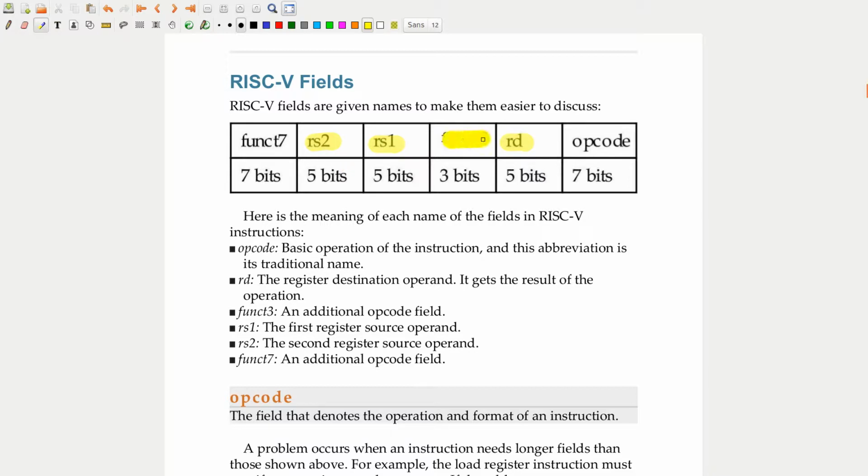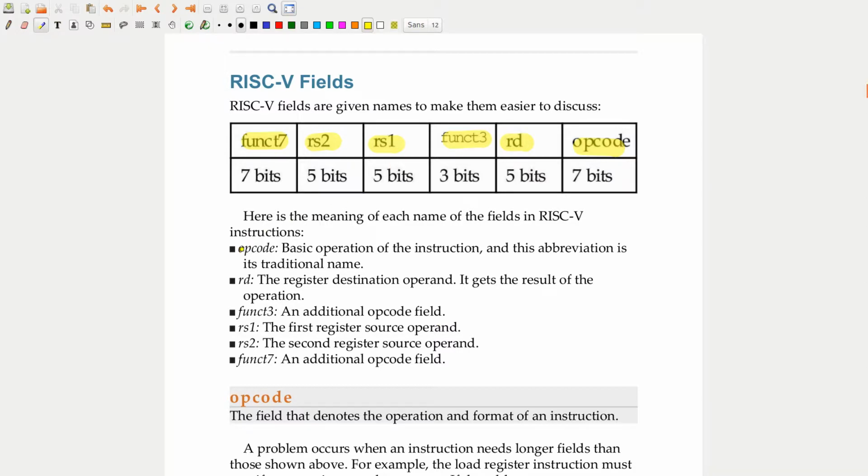Then we have these 3, which are more interesting: funct3, funct7, and opcode. Funct3 and funct7 are just opcode fields. These are predefined by the architecture to do some kind of control based on how they're set.